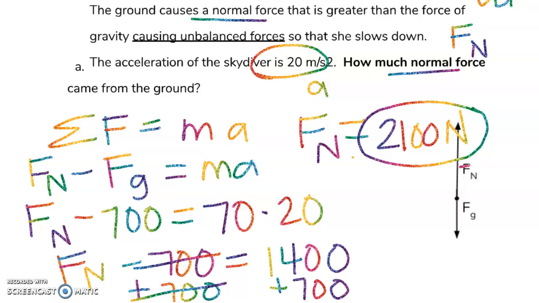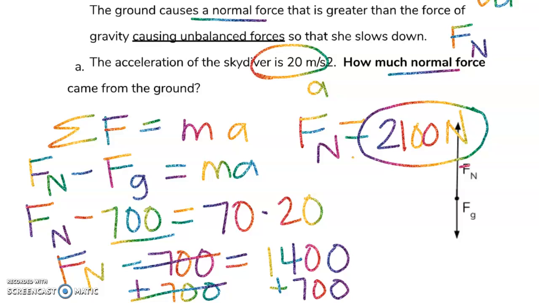Notice that's a lot bigger than the force of gravity. Force of gravity was only 700. So 3 times bigger in order for the velocity to change. If the normal force was the same as the force of gravity, she wouldn't stop. She wouldn't slow down. She would just crash into the ground and keep falling through it. The ground wouldn't be pushing back hard enough for her to actually change her velocity.